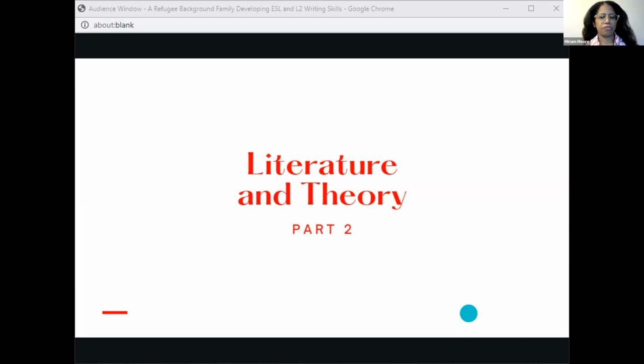However, just to give you some background and in the interest of providing some context for this study, some of the major themes from the literature, and I will circle back to these at the end, were academic writing support, empowerment, teacher training, writing as a social practice, and refugee education policy. So I'm not going to talk much about these until we get to the implications of the results.